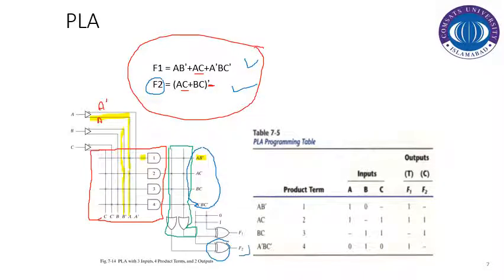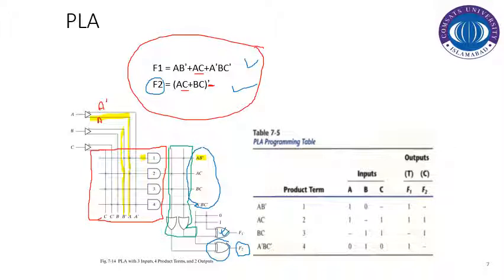So f2 is being produced in such a way, whereas we don't need any complement for f1. So we have set the second input of this specified gate to 0 so that no complement is being produced. Now let us see a programming table.